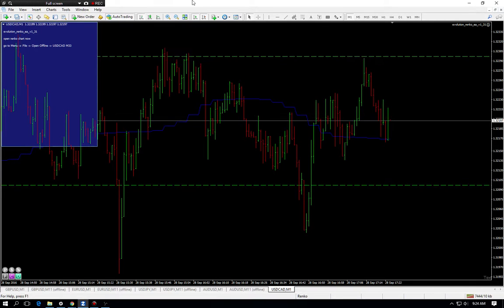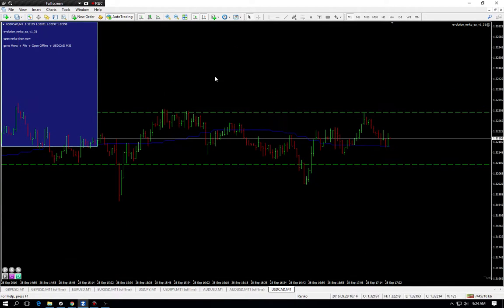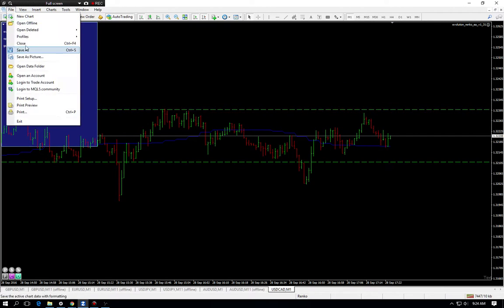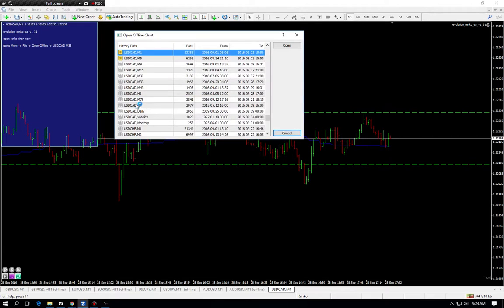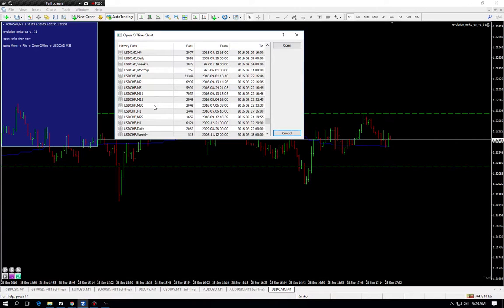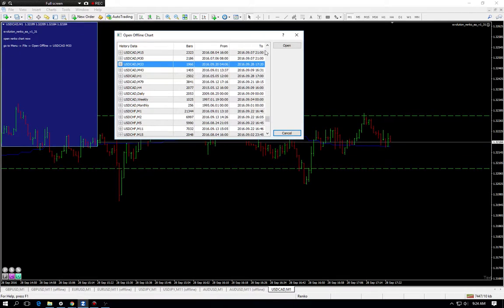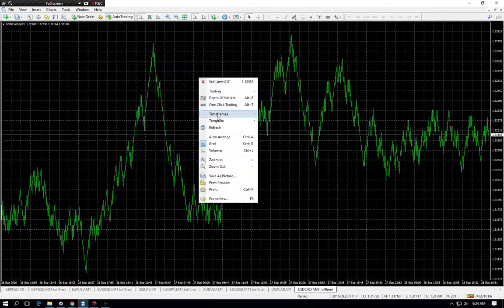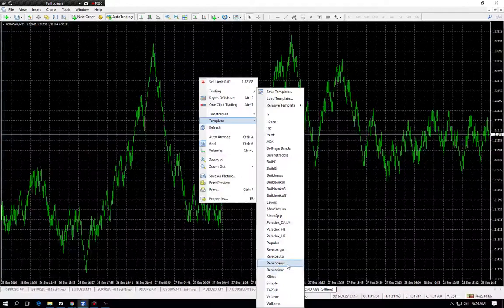Now we want to build our Renko chart with 3 pip boxes. So we go to, it tells you right here, US CAD M33, file, open offline, US CAD M33, open, template, Renko News.